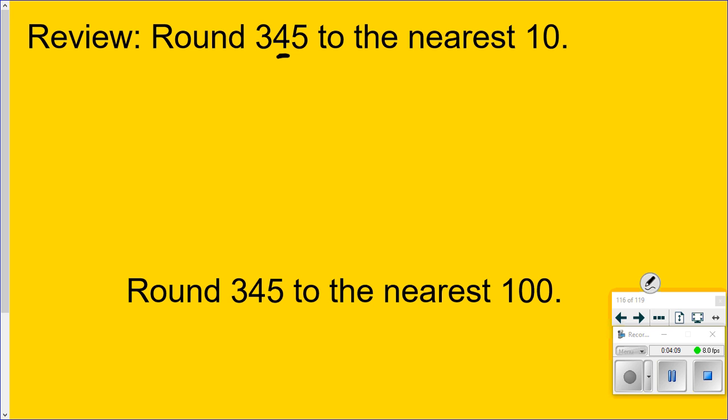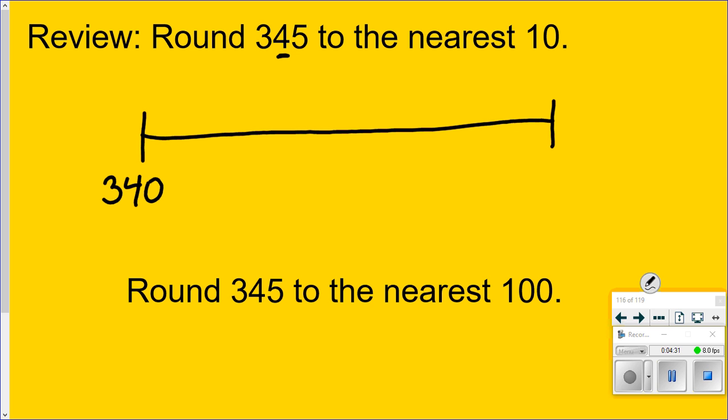When you're doing tens, for the start you just take away the ones and make it a 0. So Gwen says that when she thinks about making her friendly 10, she ignores the ones and goes from there. So my starting point is going to be 340.